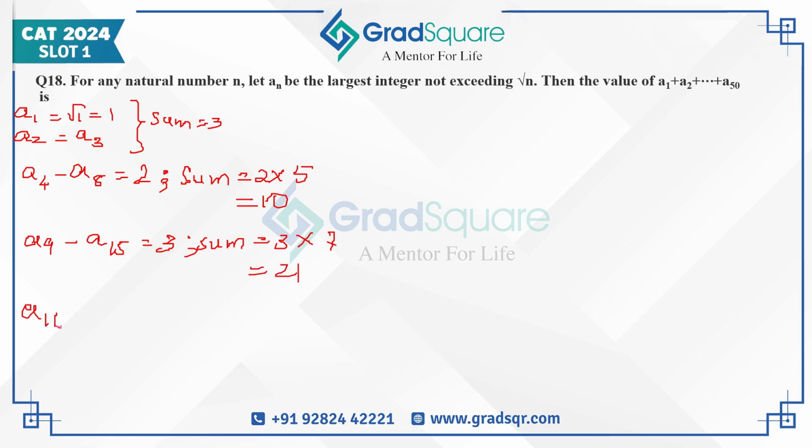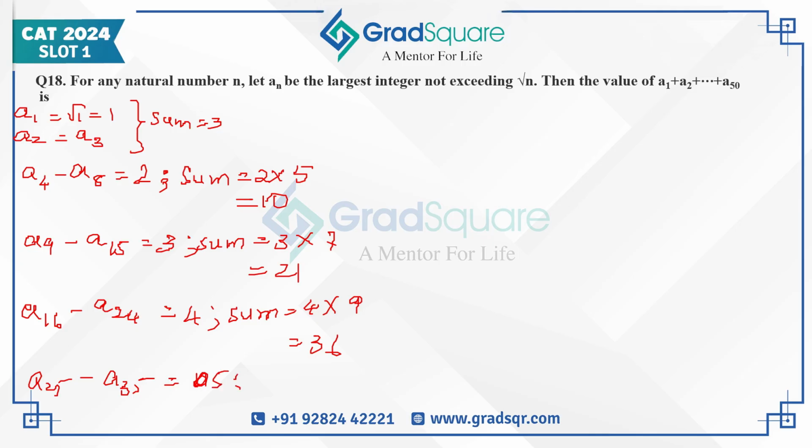Then from a16 to a24, each value is going to be 4, and the sum is equal to 4 into how many we have? 9. So 36. Then a25 to a35, we have 11 numbers. Each value is going to be 5, so the sum is equal to 55.